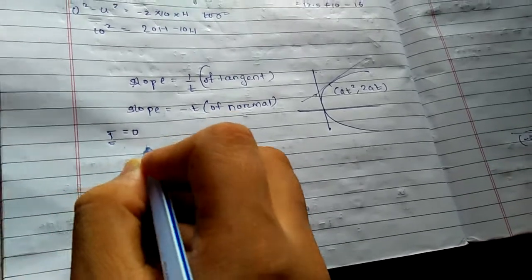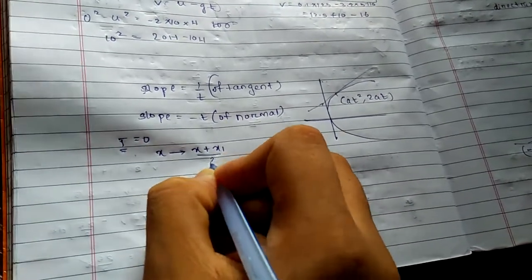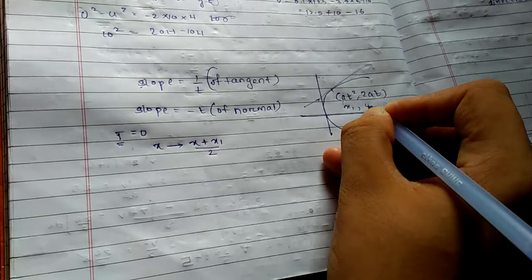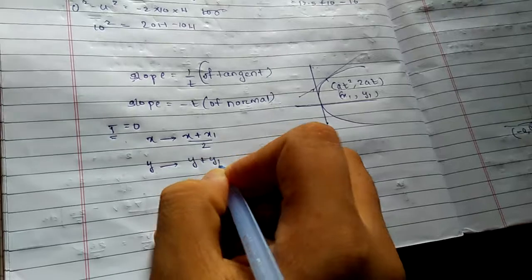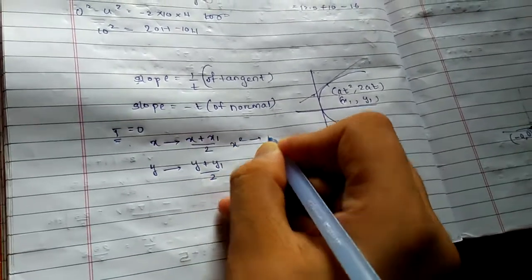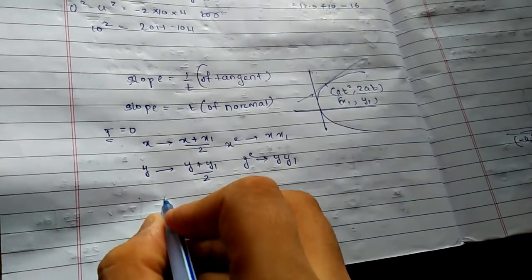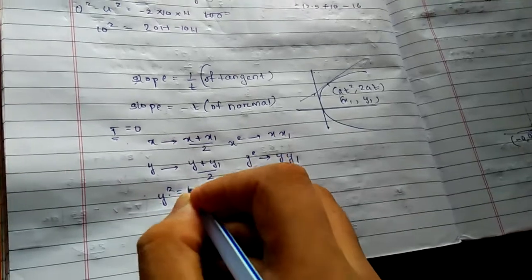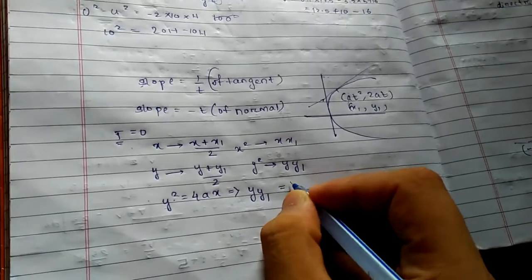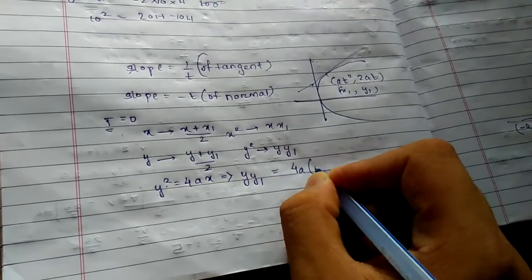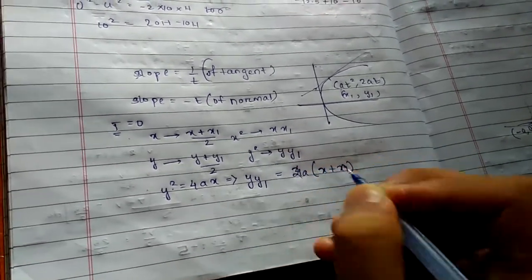Next, we define something like T equal to 0. What's this T? You replace x square by x x1, y square by y y1, and x by (x plus x1) by 2, and y by (y plus y1) by 2, where (x1, y1) is (at square, 2at). So here y square equals 4ax implies, replacing y square by y y1, equal to 4a, and x you write (x plus x1) by 2, so I am making it 2 already.